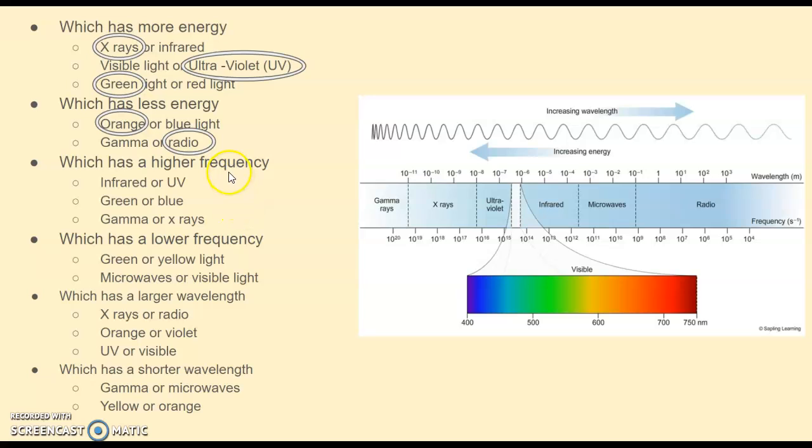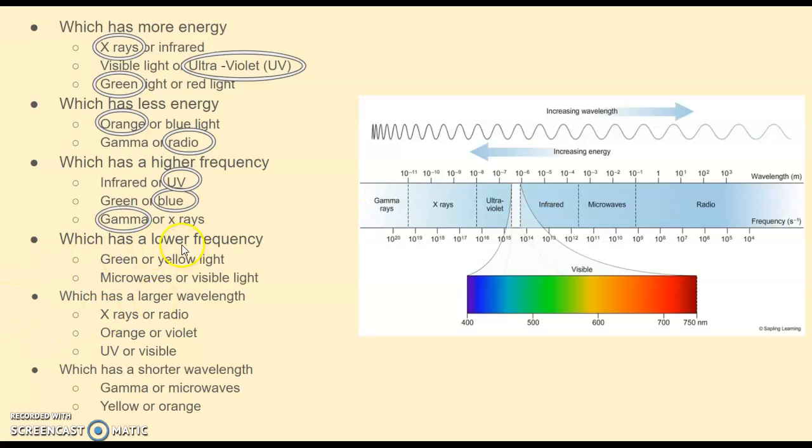Remember, energy and frequency mean very similar things. So which one would have a higher frequency? Infrared, which is right here, or UV? Higher frequency would be UV. Between green and blue, the blue would have a higher frequency. Between gamma rays and X-rays, the gamma rays would have a higher frequency.